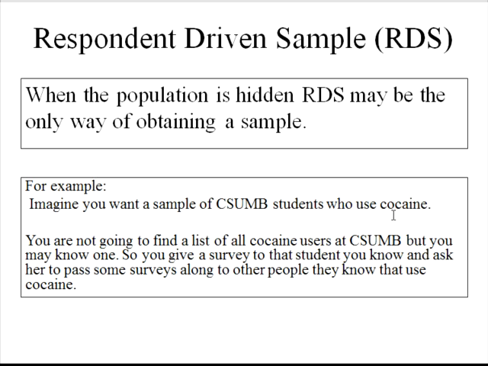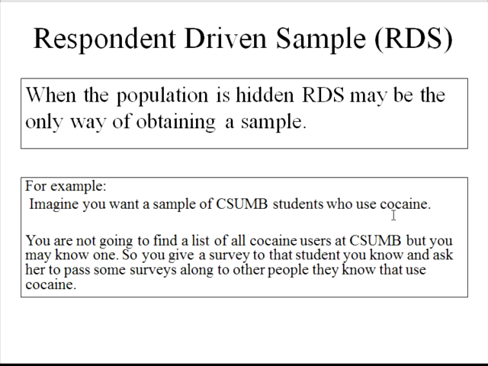So under the respondent-driven sampling technique, you would give your friends, or the ones who you know use cocaine, surveys, right? So they would fill the survey, and then they would give surveys to their friends who they know use cocaine, and those friends will distribute their surveys to their friends, and so on.